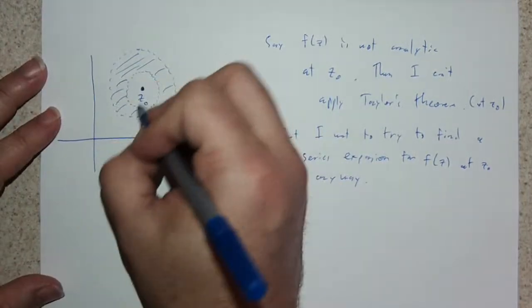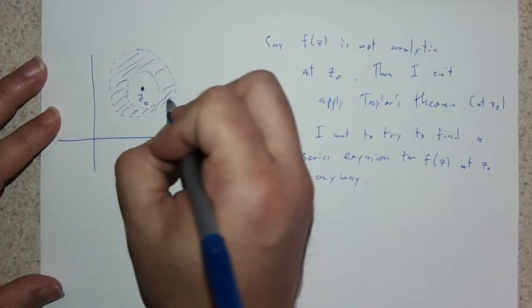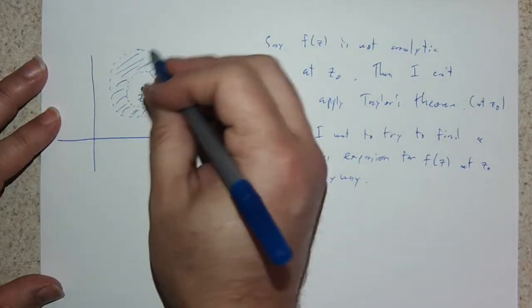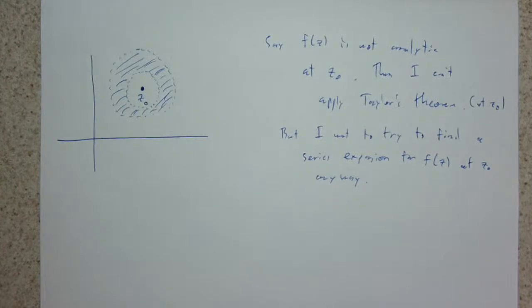Okay, so it's not analytic at z naught, but if I excise some neighborhood of z naught from this larger neighborhood of z naught, what I'm left with is this annular region, and if my f is analytic on this annular region, right, I proceed trying to come up with a series expansion where I can actually do something here.